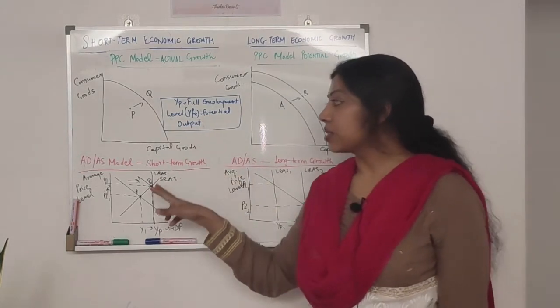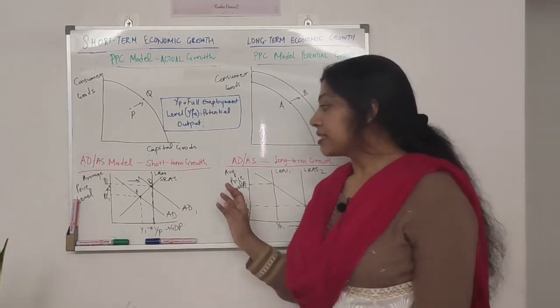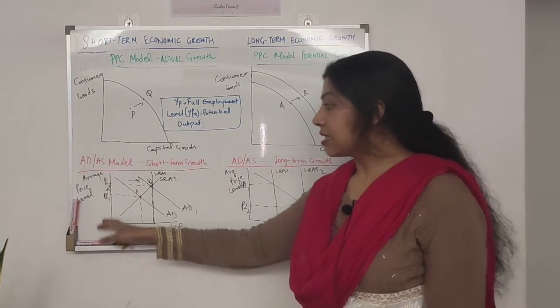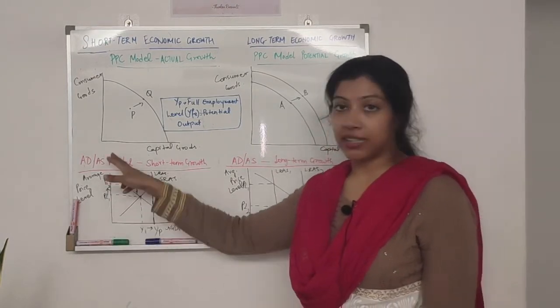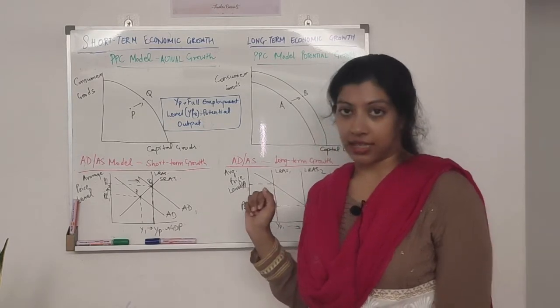Another way is using the aggregate demand and aggregate supply model and simply showing an increase in aggregate demand. So this graph will have the average price level on the y-axis and the real GDP on the x-axis.